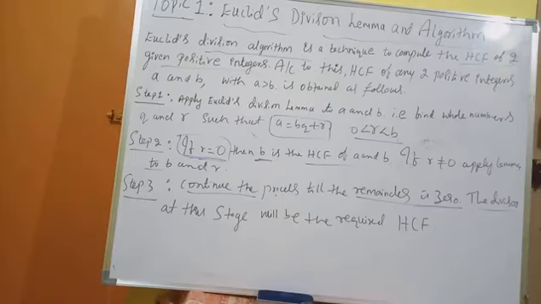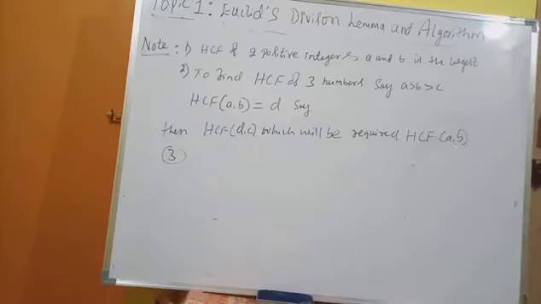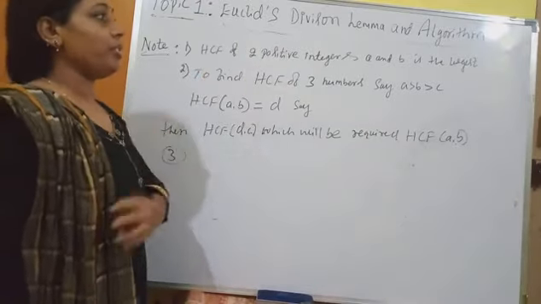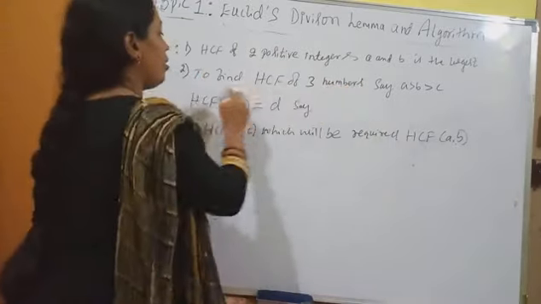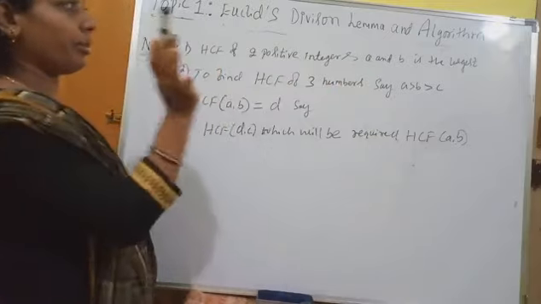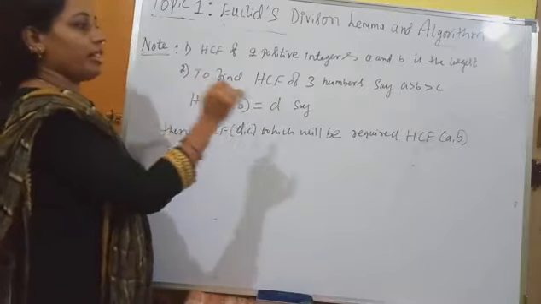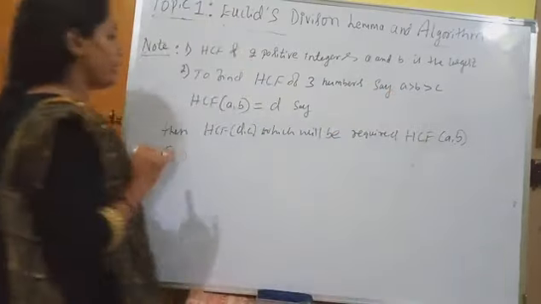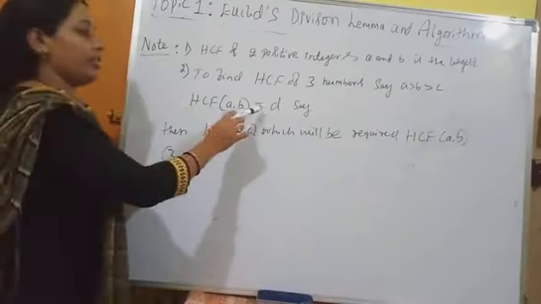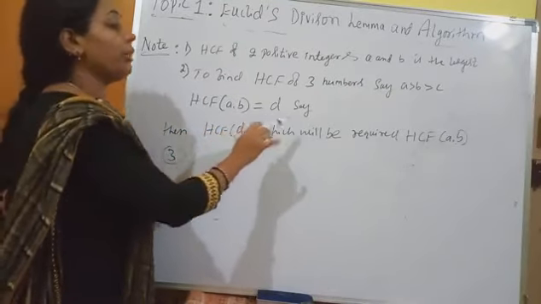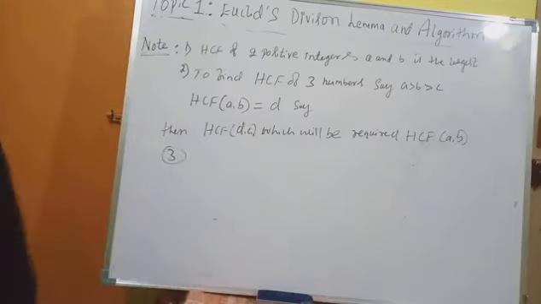That means, to find the HCF of 3 numbers, say a greater than b and b greater than c, first find the HCF of a and b, call it d, then find the HCF of d and c, which will be the required HCF.